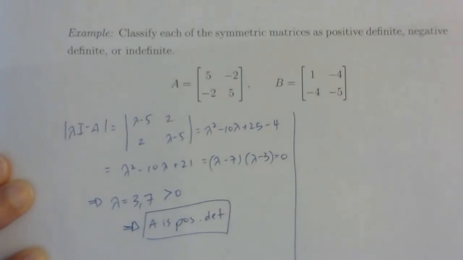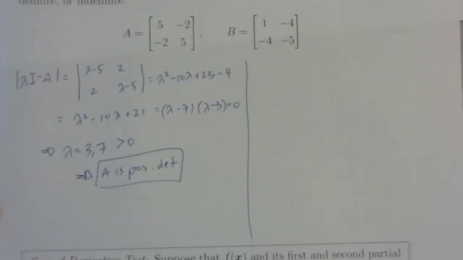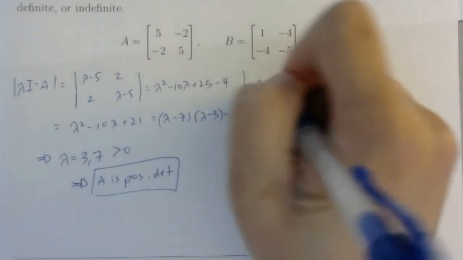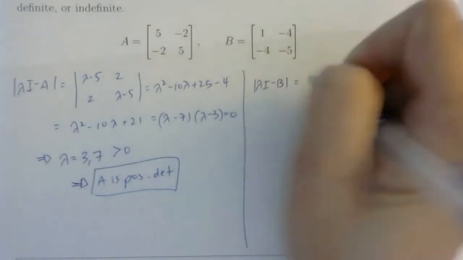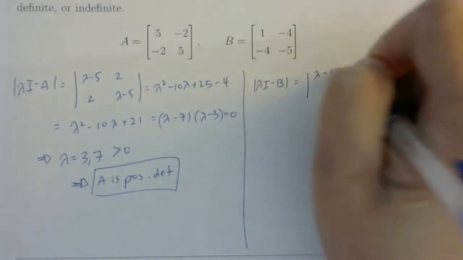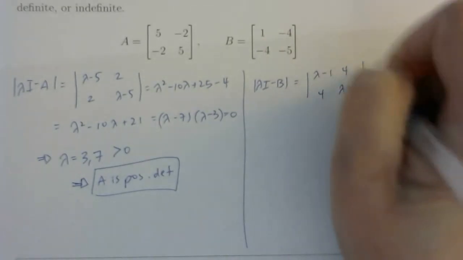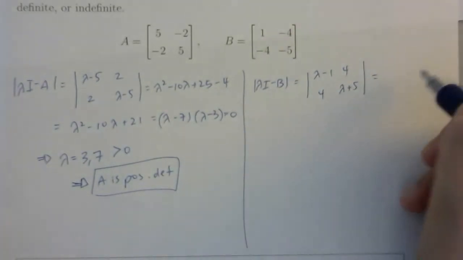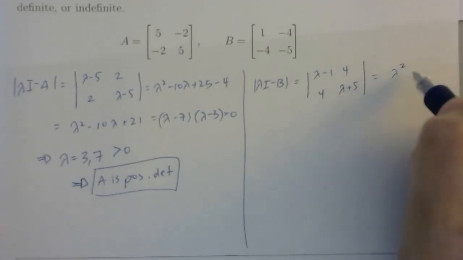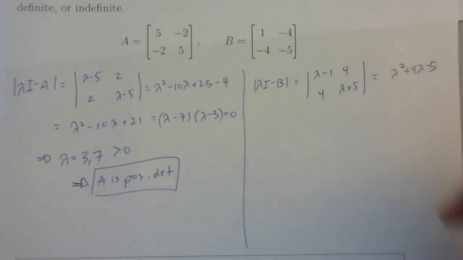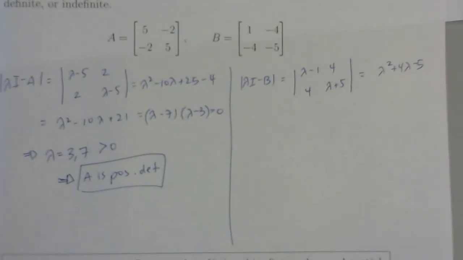It's the same thing for B. Lambda I minus B. So lambda minus 1, 4, 4, lambda plus 5 is going to give me lambda squared plus 4 lambda minus 5 and then minus 16.